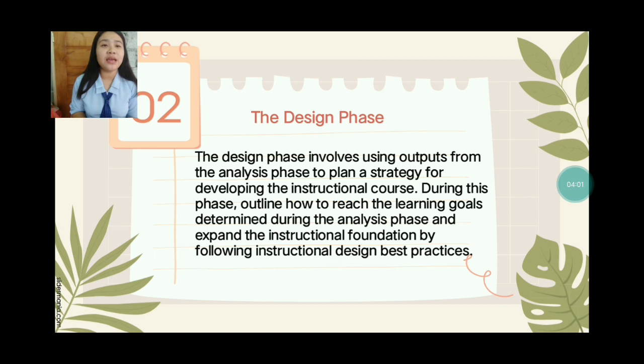So the design phase involves using output from the analysis phase to plan a strategy for developing the instructional course. During this phase, outline how to reach the learning goals determined during the analysis phase and expand the instructional foundation by following instructional design best practices.